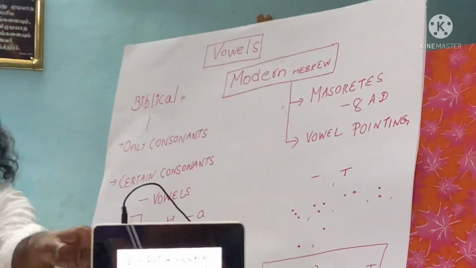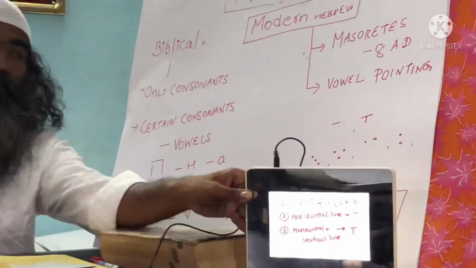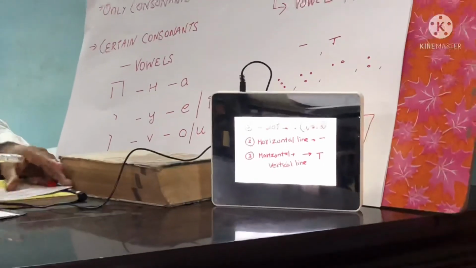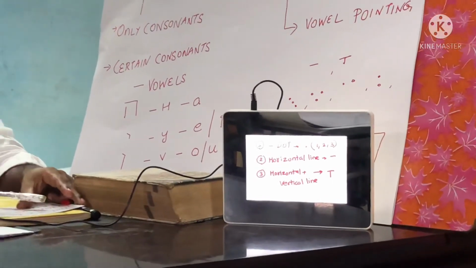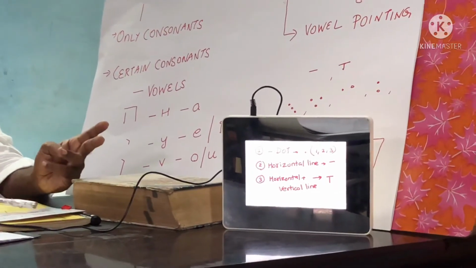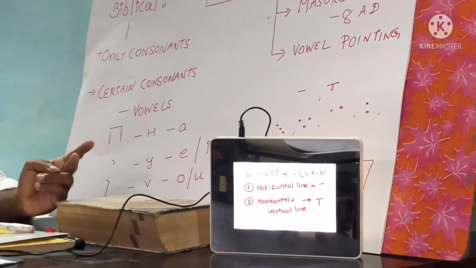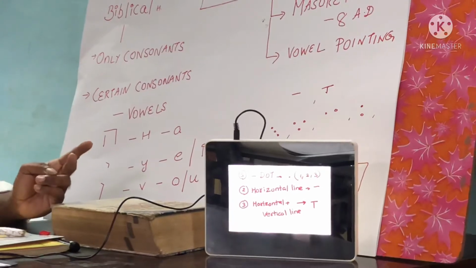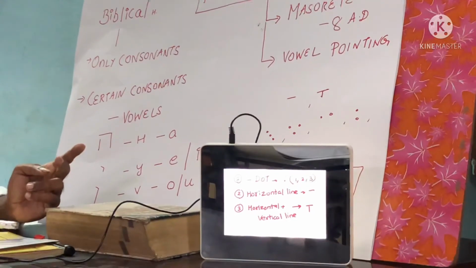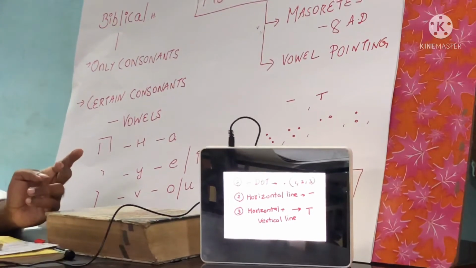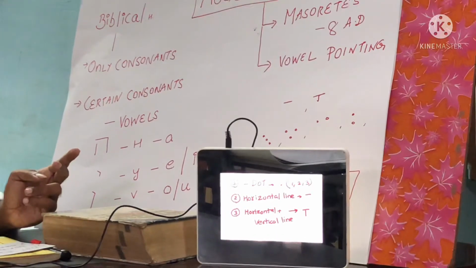There are only 3 parts. A dot, which can be 1 in number or 2 or 3. Then the second one is a horizontal line. The third one is a horizontal line followed by a vertical line in the middle.